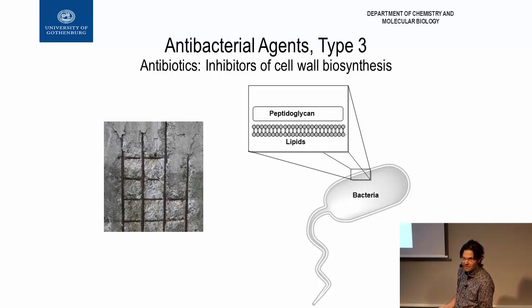So the idea now is that if I can prevent the bacteria from making this layer, what will happen? Well, inside the bacteria, the pressure is higher than the outside. So if I take away the iron, it will make a hole in the bacteria and it will die. That's a simplistic view of it.